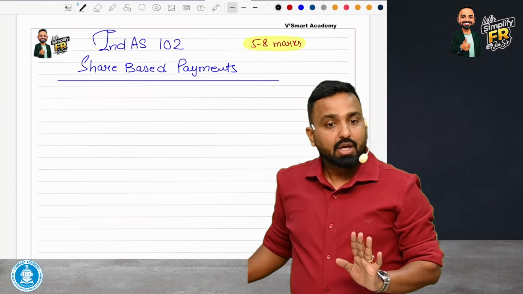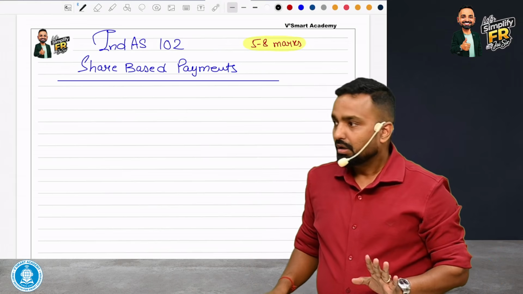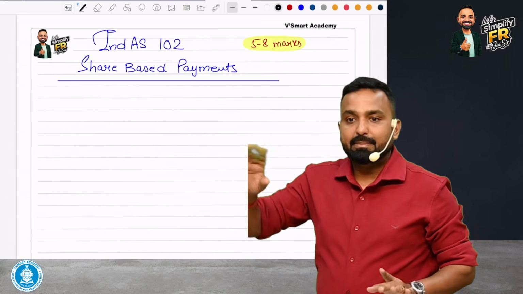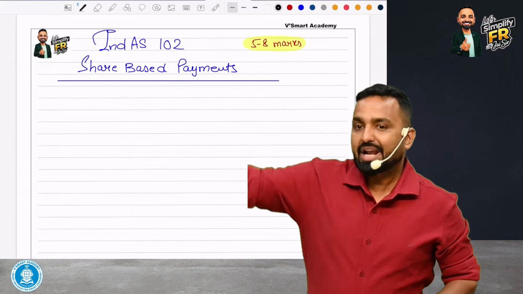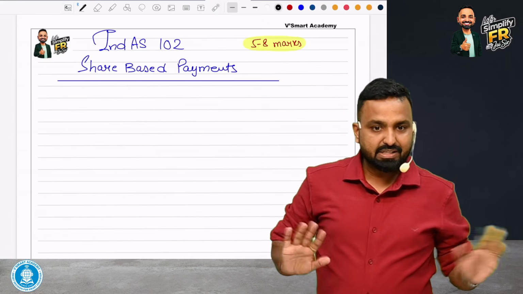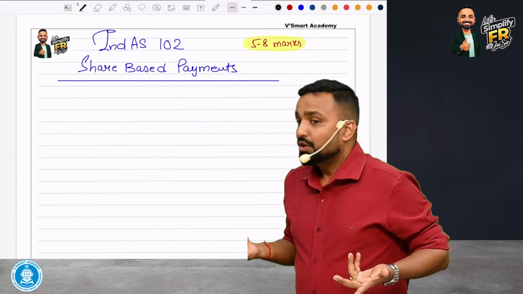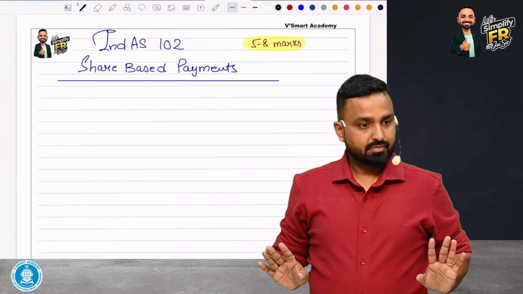Suppose you have Reliance company shares and you purchased one asset and you are making payment to the vendor in those Reliance shares, that is not basically a share based payment. Understood or not? Share based payment means you are issuing your own shares.